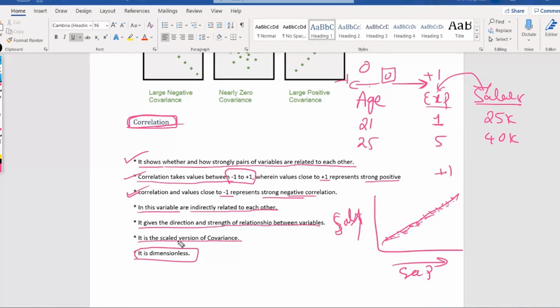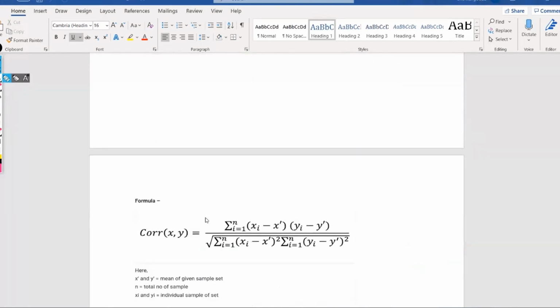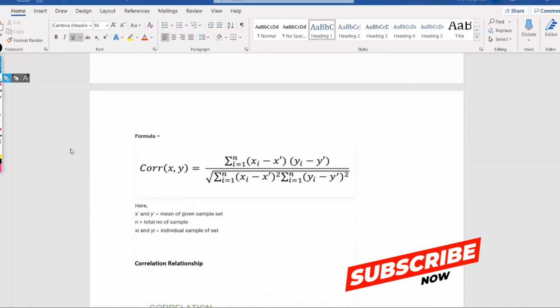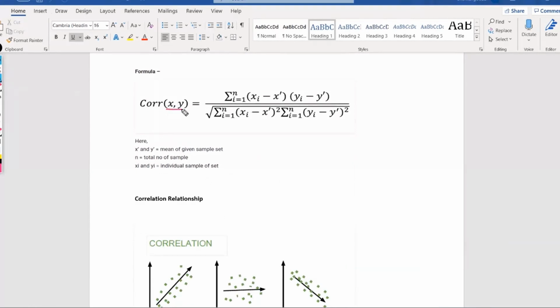All right. If you look into the formula here, correlation of X and Y: Xi we know, X bar is the mean, Y mean, we have Yi. This is again a summation from i equal to 1 to n.